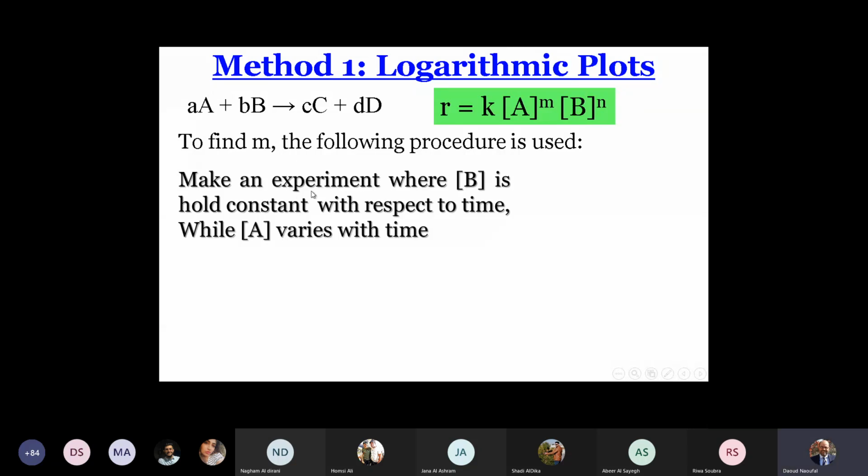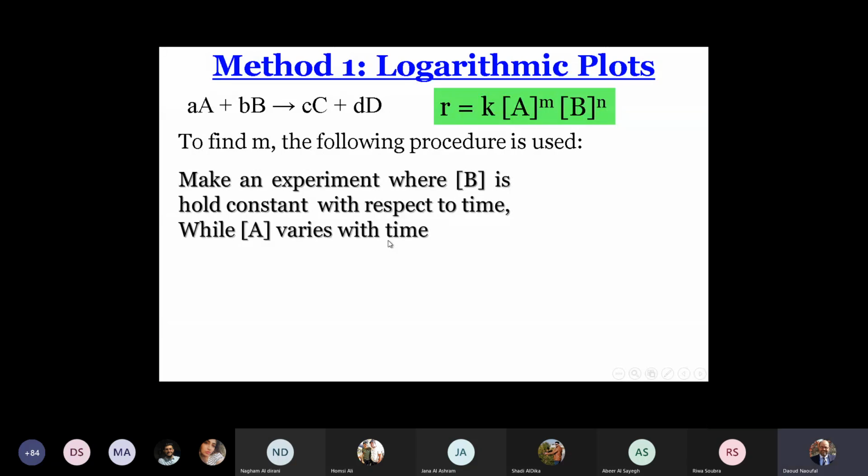Make an experiment where the concentration of B is maintained constant in the course of the reaction and the concentration of A changes with time. I have to go to the lab.